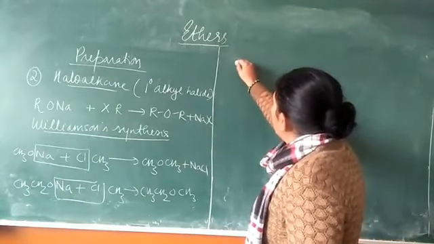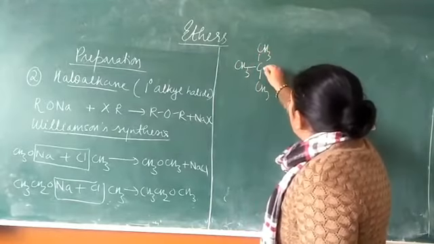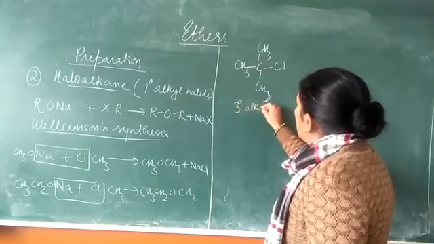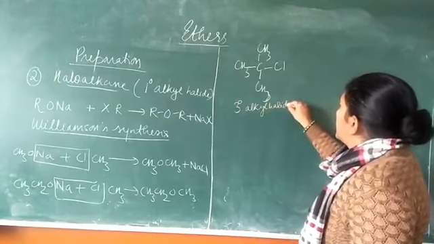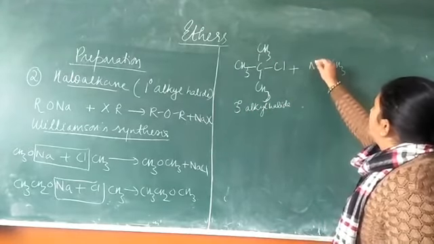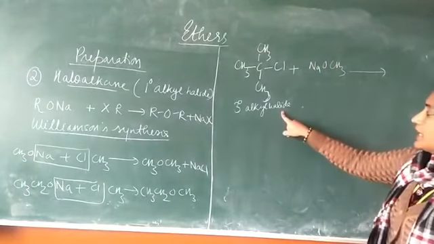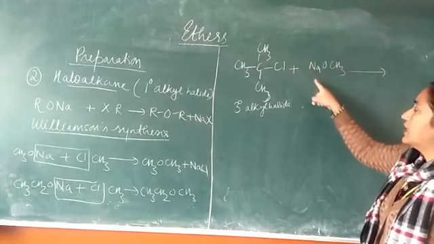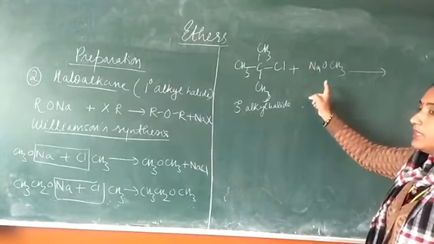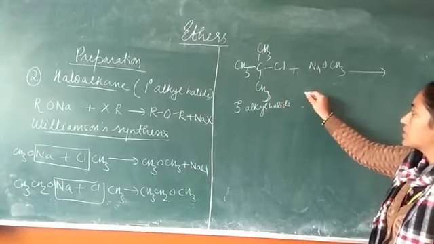So if we have the tertiary alkyl halide, CH3C, and let it be CH3ONa, this is alkoxide. Now if we have a tertiary alkyl halide, then this alkoxide ion will act as a base and will promote the dehydrohalogenation here.